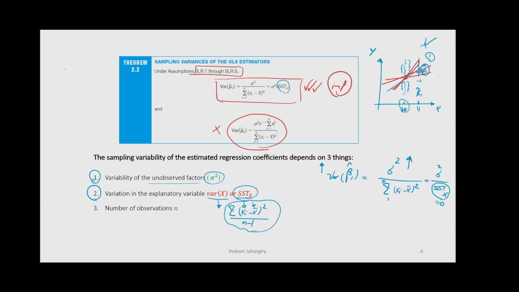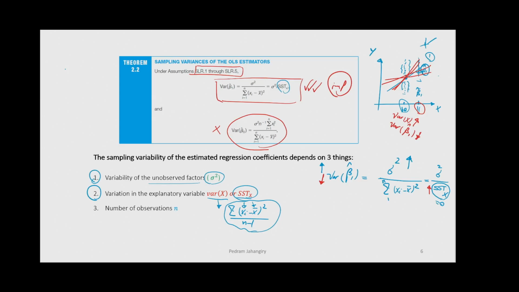And so you can see as the variability of x increases, as the variance of x itself increases, what happened to the variance of beta hat j? The variance of beta hat 1 decreases, right? So I write it like this. If SSTx or variance of x increases, the variance of beta hat 1 is going to decrease. So that's good news.